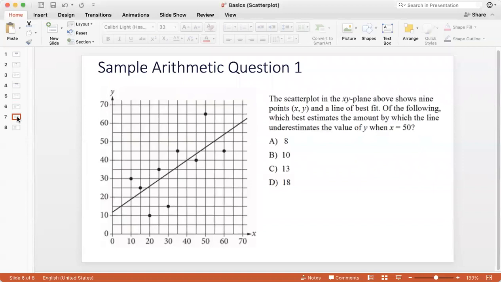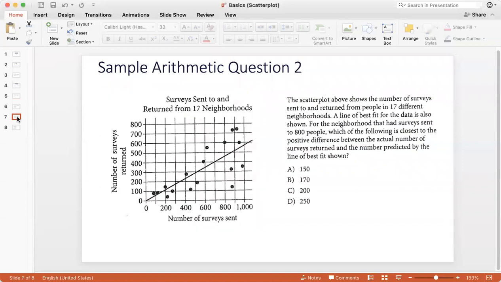Okay, another one. The scatterplot here shows the number of surveys sent to and returned from people in 17 different neighborhoods. A line of best fit for the data is also shown. For the neighborhood that had surveys sent to 800 people. So number of surveys sent to 800 people. So this is what I'm looking at. Which of the following is closest to the positive difference between the actual number of surveys returned, which is this 600, and the number predicted by the line of best fit, which is this point.